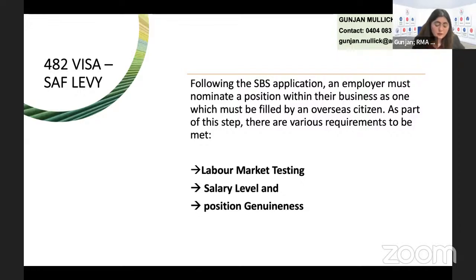So it's very tricky. Even when you get a skill assessment from ACS, you need to be careful when you're applying for skill assessment, because ACS, the Australian Computer Society, which is the skill assessment authority for the IT occupations, they are very, very particular about the tasks that you have been performing in your employment, in the business, what kind of tasks you're performing.